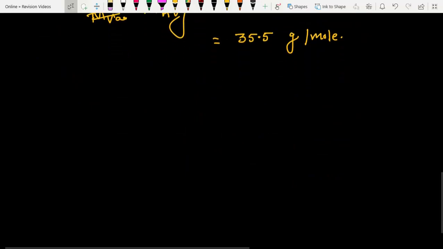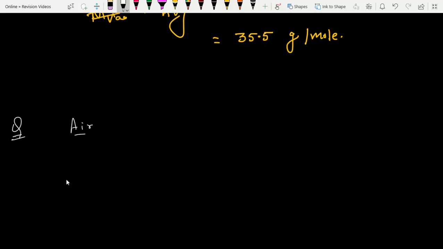Anyway, the same goes for average molar mass. Let's take another example. We have a sample of air, right? Air, as you know, contains so many gases, but let's assume that it contains a mixture of nitrogen and oxygen only.